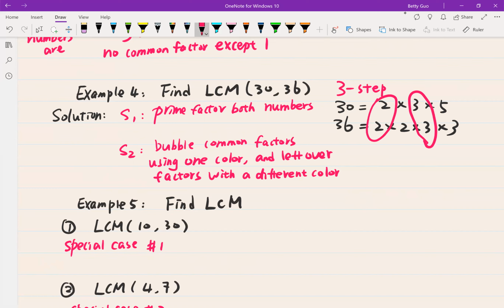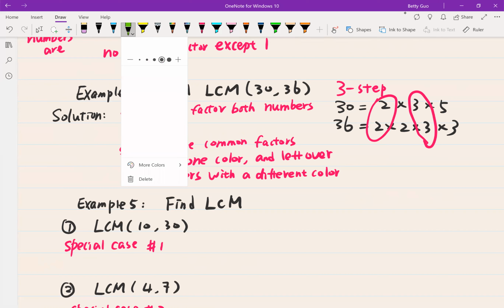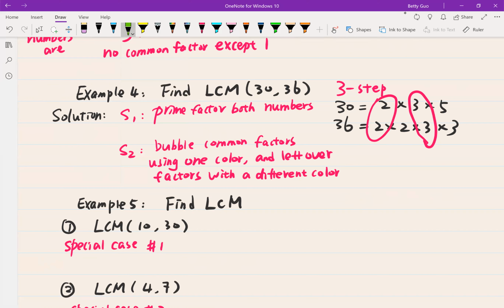And on the right hand side, in the prime factorization of the two integers, besides the common factors, we still have some leftover factors, right? For example, 5, 2, this 2, and this 3. That's what I mean when I say bubble common factors using one color and the leftover factors with a different color.